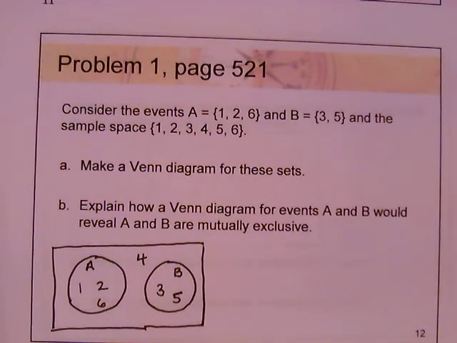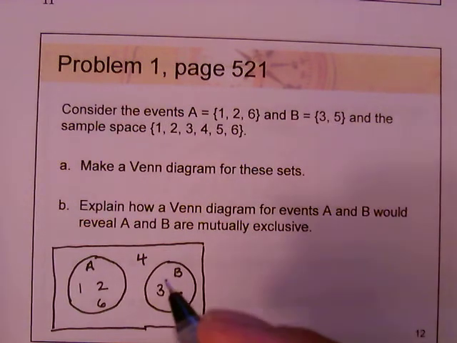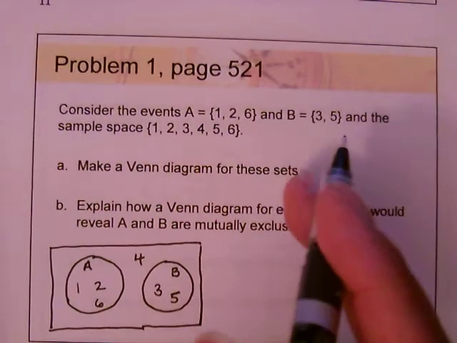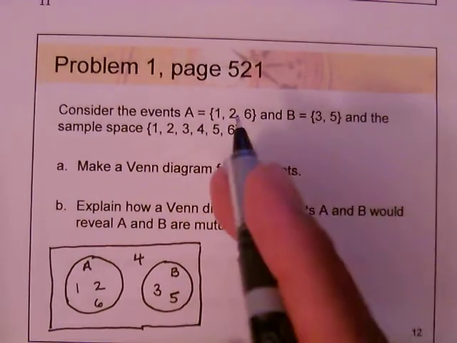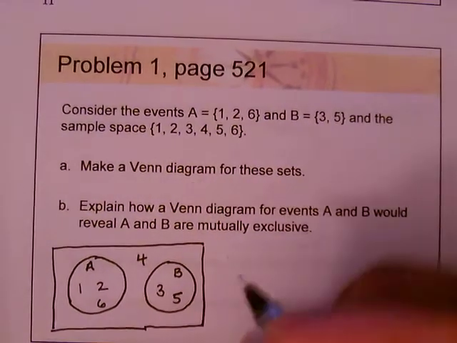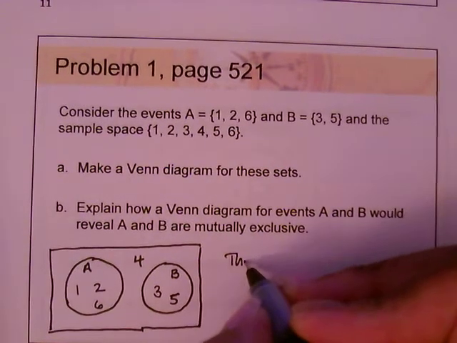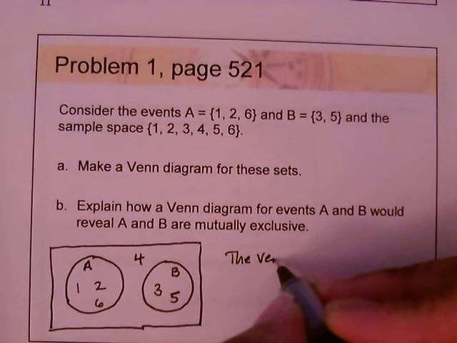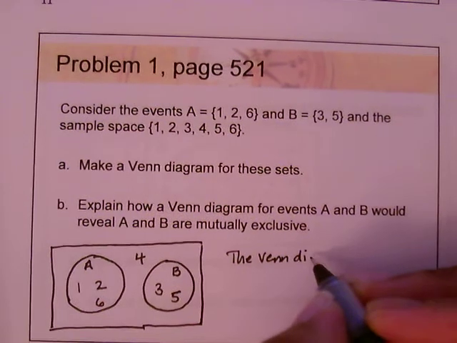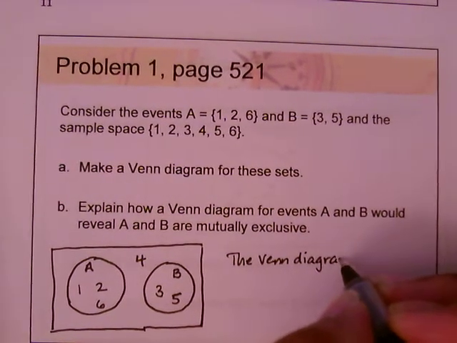Now part B says to explain how the Venn diagram for events A and B would reveal A and B are mutually exclusive. Well, as you can see here, A and B have nothing in common. So here I'm just writing out the explanation.